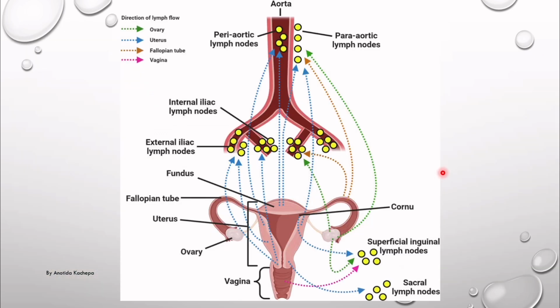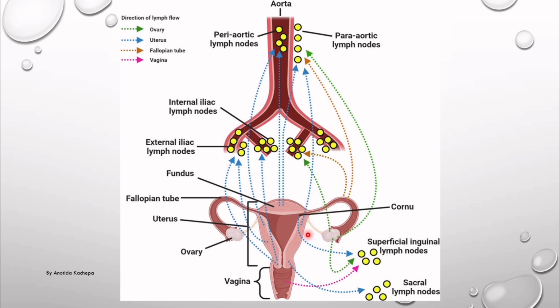Right. Then the last thing which we did not talk about is lymphatic drainage of the ovary, uterus, fallopian tubes, and vagina. Let's start with the ovary. The ovary drains into three areas. It will follow the ovarian vessels to the para-aortic lymph nodes. It will follow the uterine vessels to the internal iliac lymph nodes.